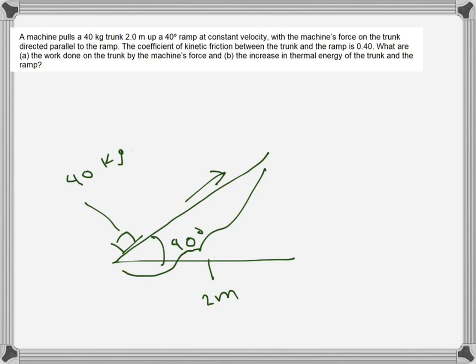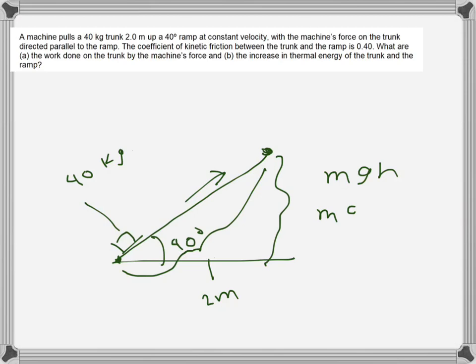So the work done will of course be, first of all, as the trunk goes from the bottom position to the top position, its potential energy increases, and that increases by mgh, h being this height.